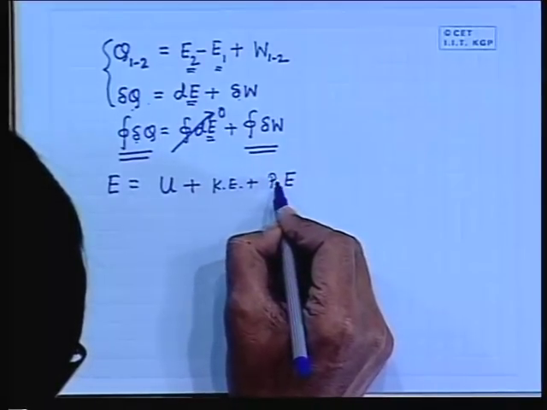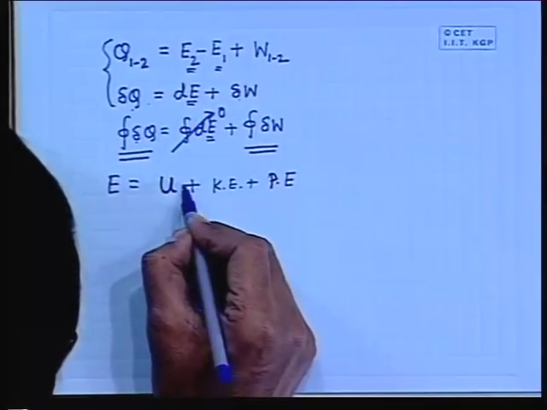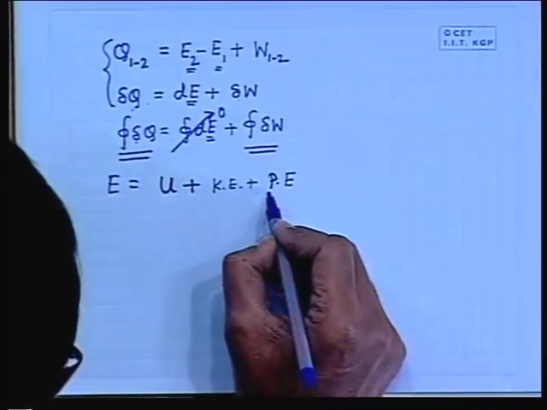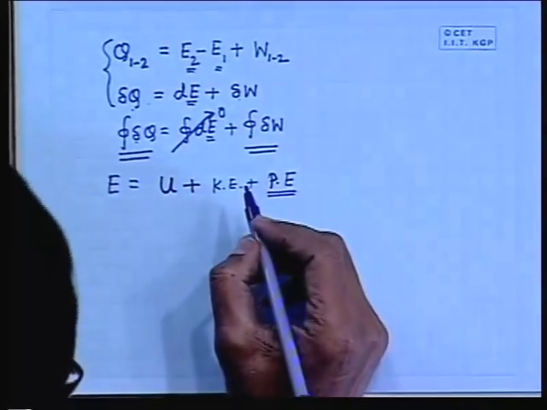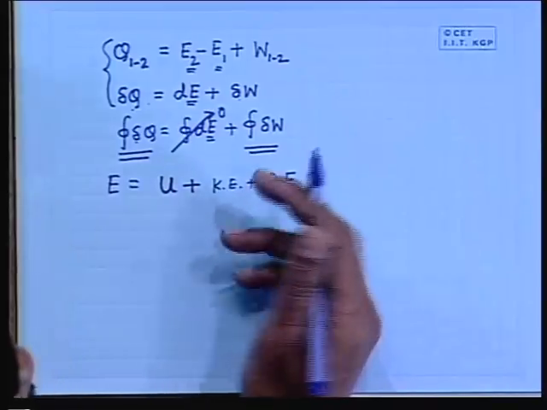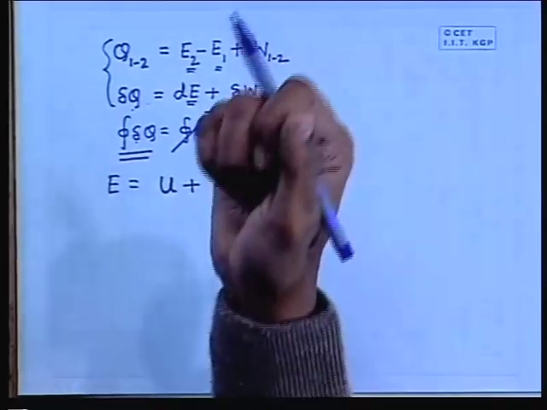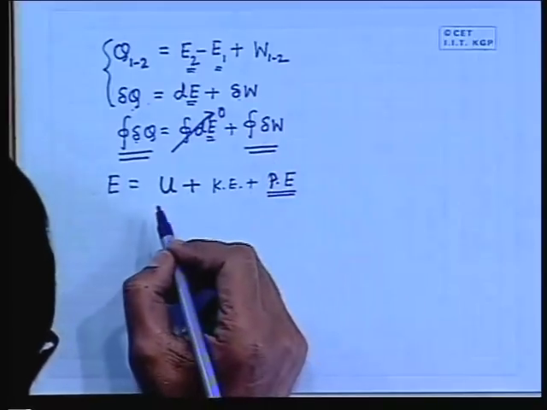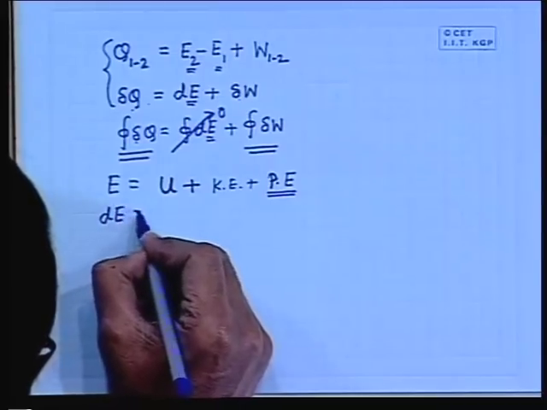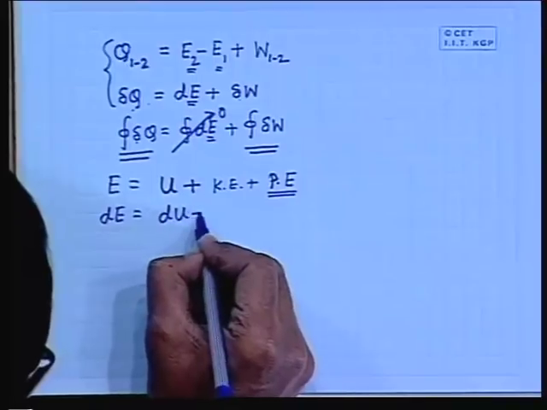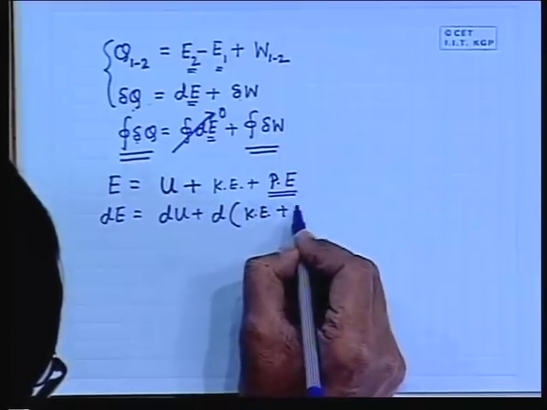All types of energy stored within this system apart from the intermolecular energy, which is because of the molecular kinetic and potential energies, can be described in terms of macroscopic potential energy, for example the gravitational potential energy, and kinetic energy because of the motions of the macroscopic particles of the system, not the molecular motions. So dE comprises dU plus d of kinetic energy plus potential energy.